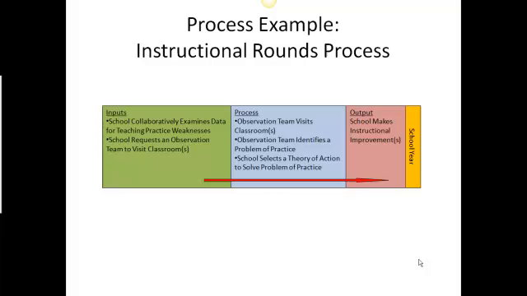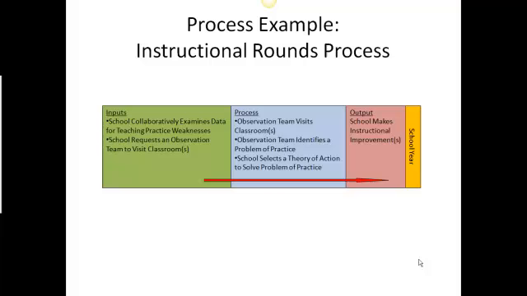And that is that the school or a department in the school, for instance, or a school improvement team or an administrative team, they'll start some kind of collaborative examination of data, trying to take a look at where teaching practice might be weak. And hopefully those data sets are not just your standardized student achievement tests, but that they are multifaceted and what we would call triangulated data sets.